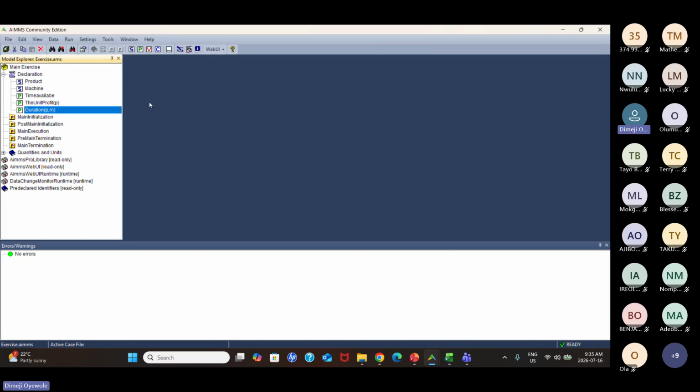And then we want to look at the variables. And then we look at the constraints. They are arranged here on top. So we want to look at the variable. We want to look first at the quantity of the products.